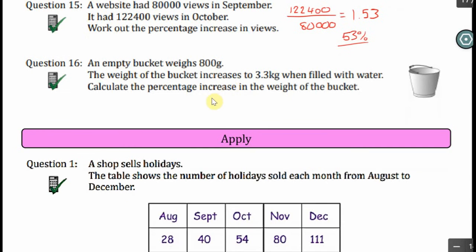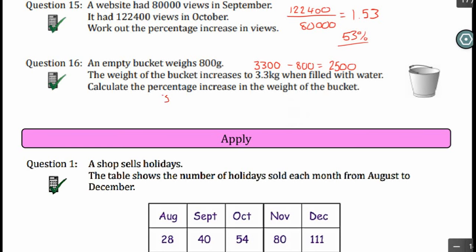Okay, number 16, we've got an empty bucket which weighs 800 grams. The weight of the bucket increases to 3.3 kilograms when filled with water. Calculate percentage increase in the weight of the bucket. So how much has it gone up by to go from this to this? So if we turn that into grams first, that'd be 3,300. If we take away 800, that will give us 2,500.